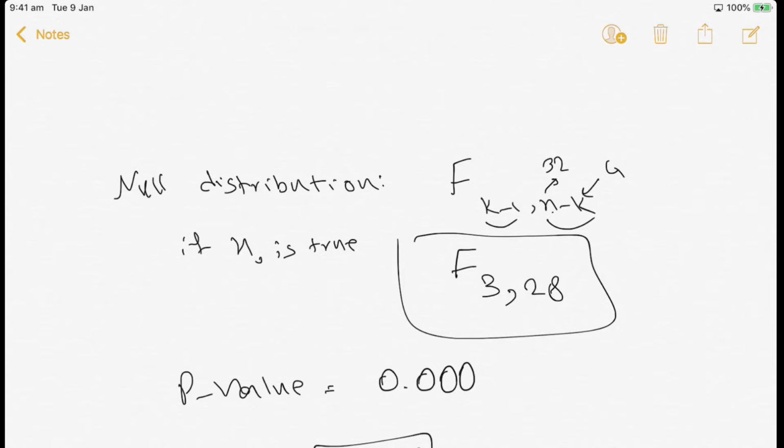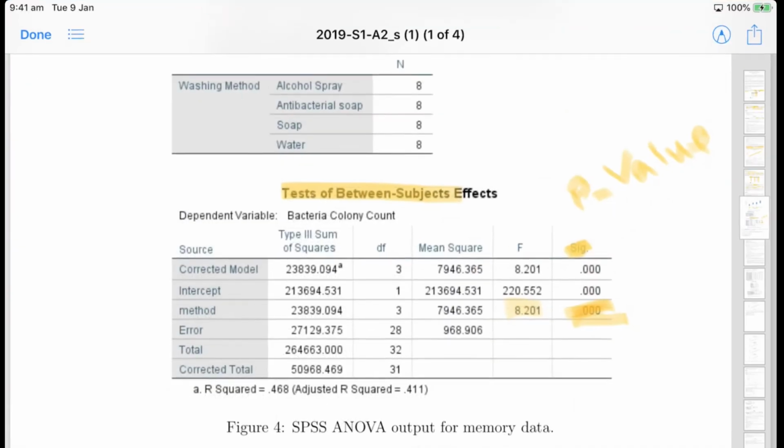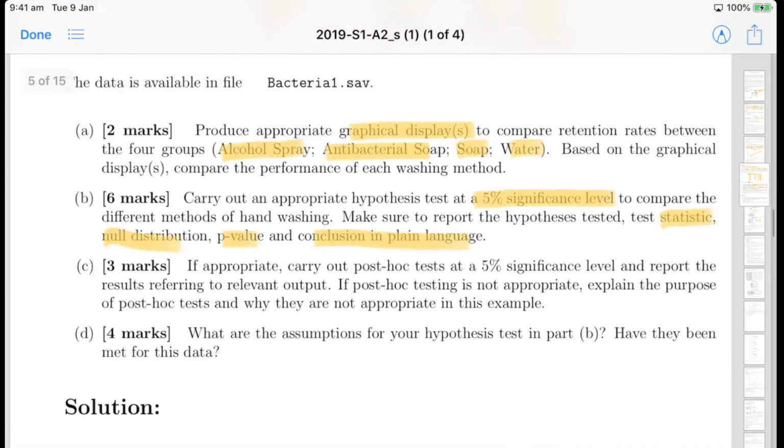But let's just consider that the p-value is 0. That means because it is smaller than 0.05, we reject the null hypothesis. Okay, that's about it for the first one. Don't forget to interpret your result to give us a conclusion whether you reject or do not reject it. All right, that's about part B.